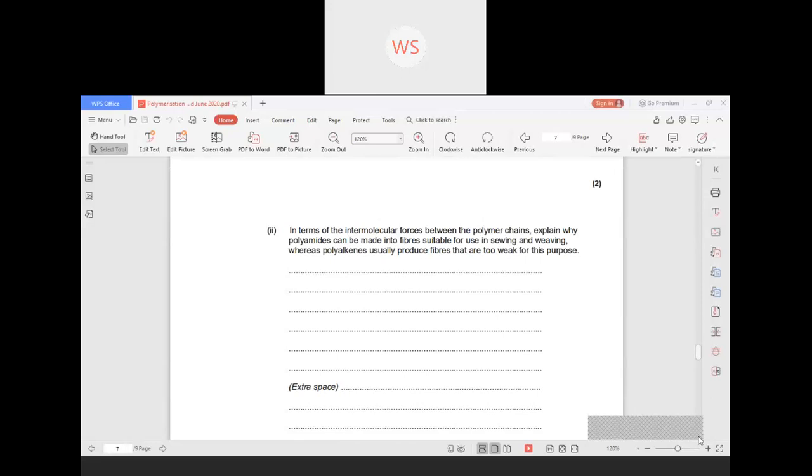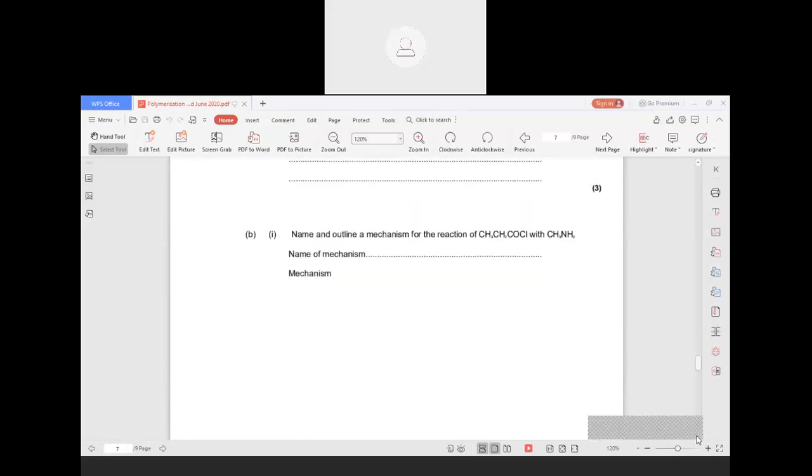Van der Waals. Well, polyamides can do hydrogen bonding. Yes, correct. Polyamide can do hydrogen bonding, and polyalkenes are not able to. Only Van der Waals.